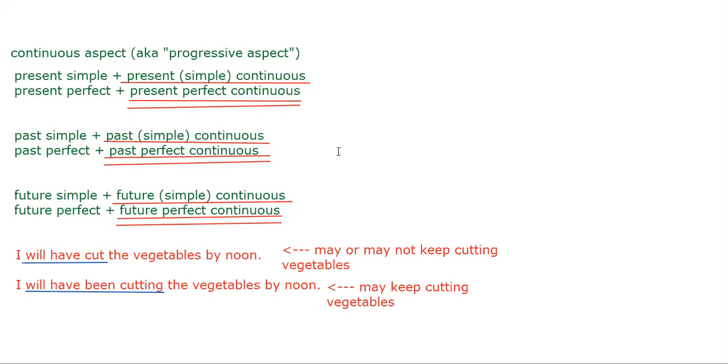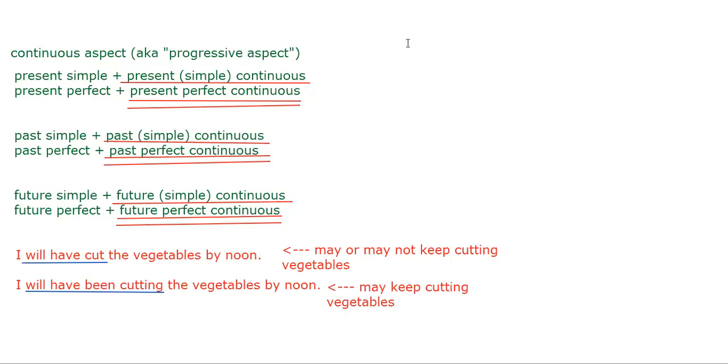So the first one is like, okay, I might keep cutting vegetables, whereas the second one is like, I might not. No, I'm sorry. The first one is like, I might not, but the second one is like, I'm cutting the vegetables, I will have cut them, and I'm probably going to keep cutting them.